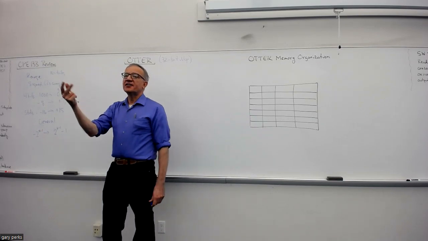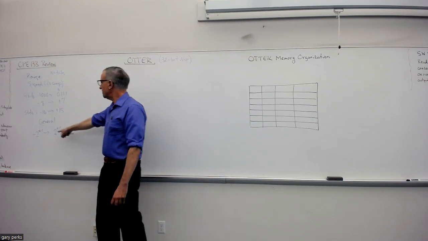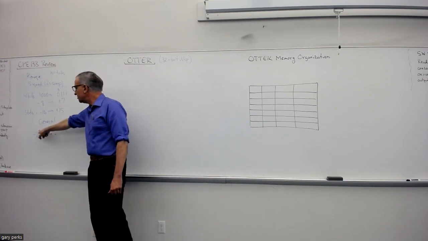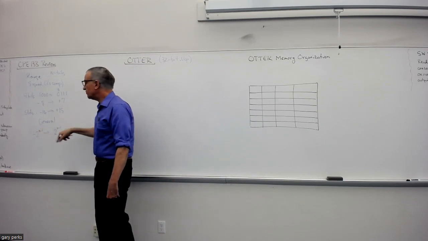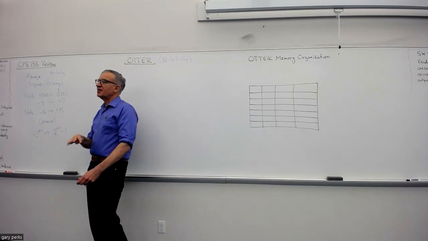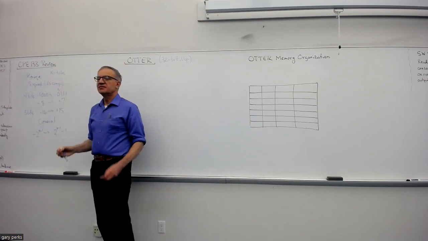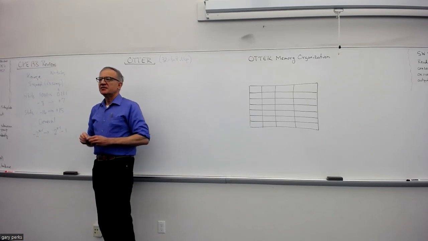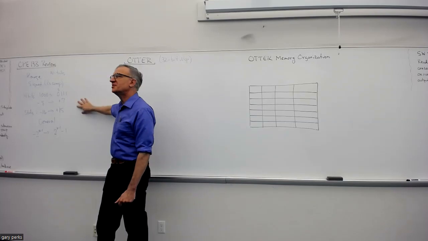Again, the Otter is 32 bits. So a two's complement number on the Otter would be minus 2 to the 31, up to 2 to the 31 minus 1. Again, a big number, like 2 billion something. Is this erasing any cobwebs from 133? It should be familiar.